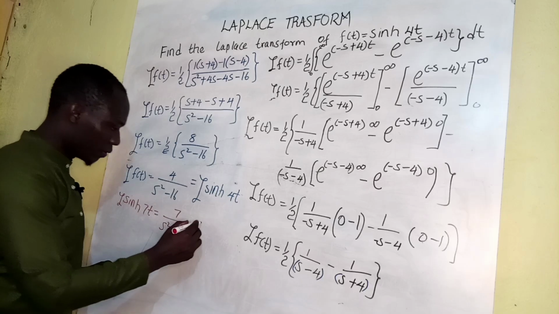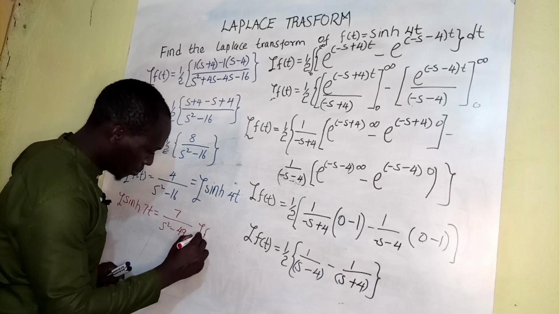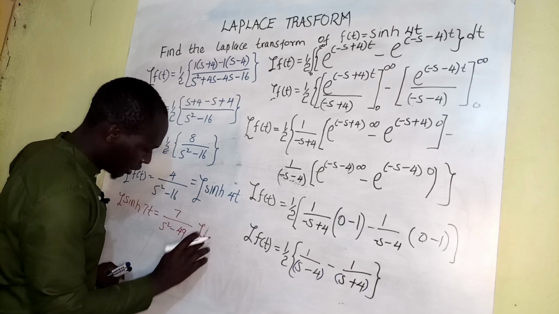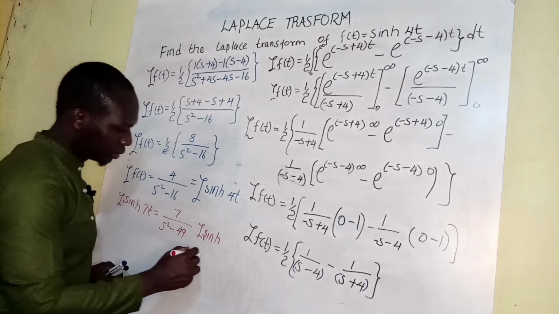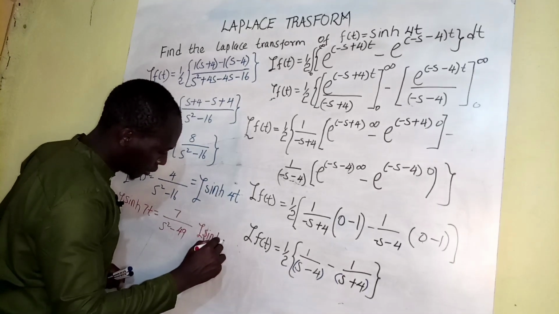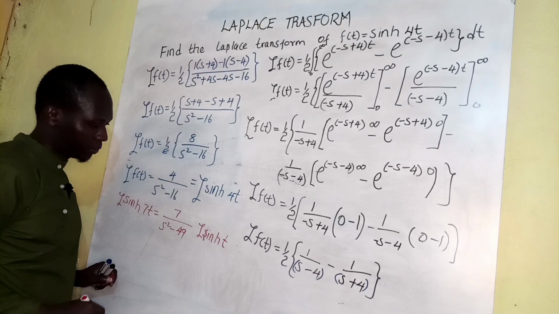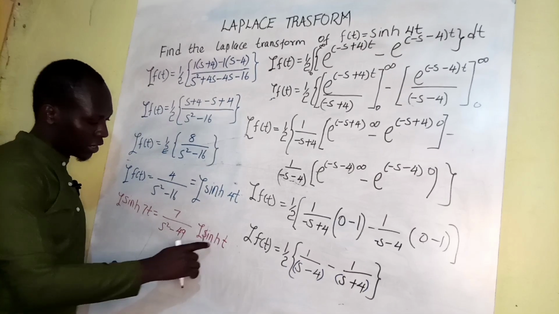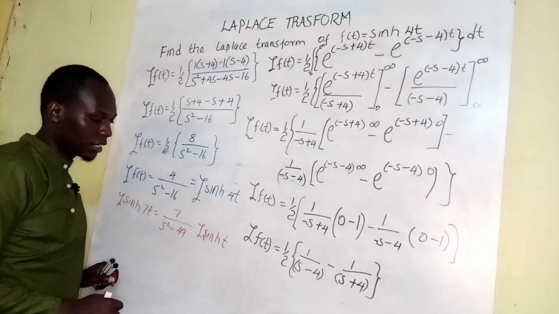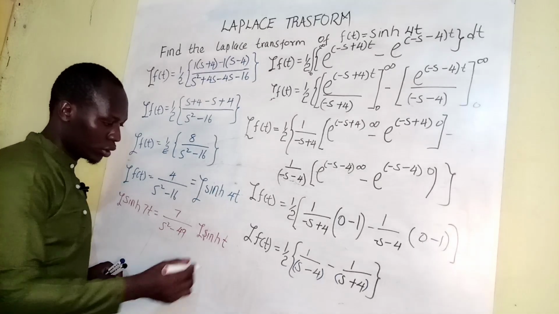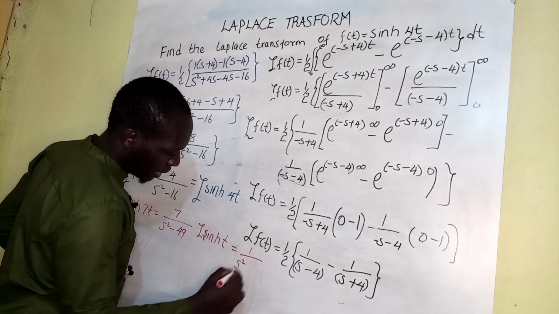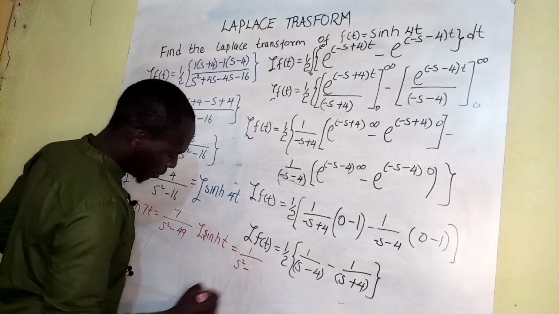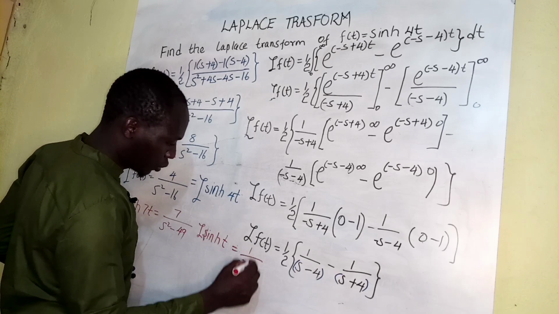You can be told to find the Laplace transform of, let's say, sine hyperbolic t. Here we understand that the coefficient of t is equal to 1. To mean that we are going to have 1 all over s squared we subtract from 1 squared, which is equal to 1.